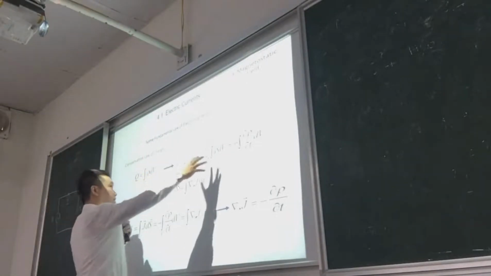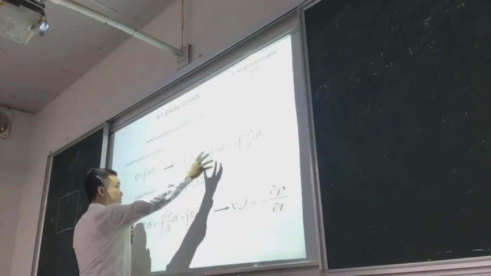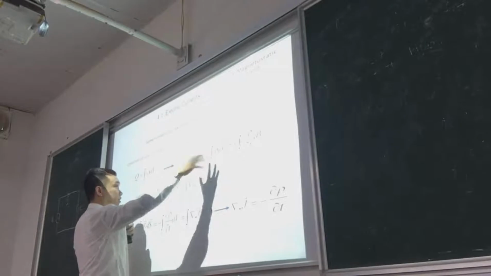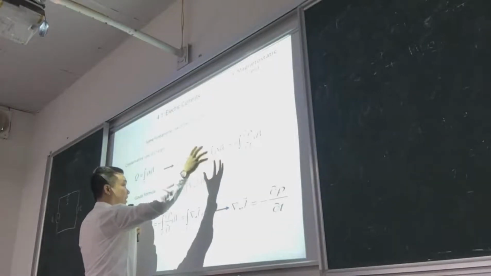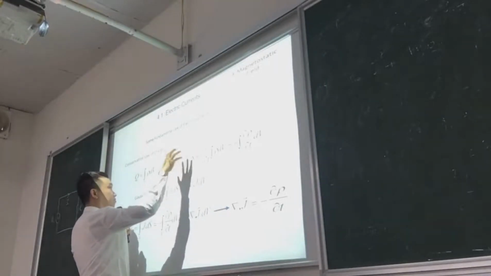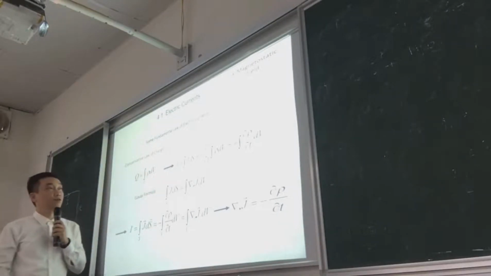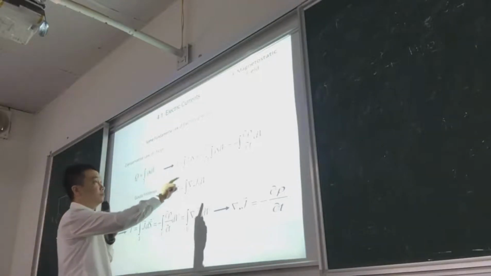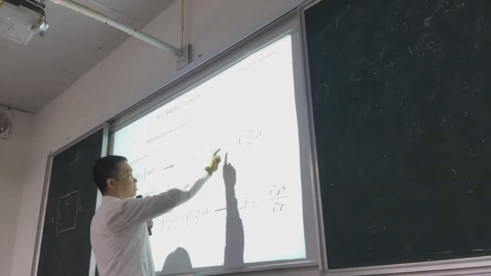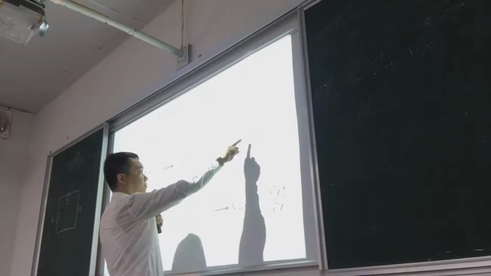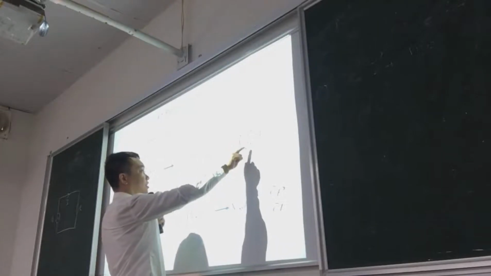The right side comes from definition, and the left side comes from Stokes theorem. So we continue to write this: you put inside that minus the integration of the derivative of rho over t dV.